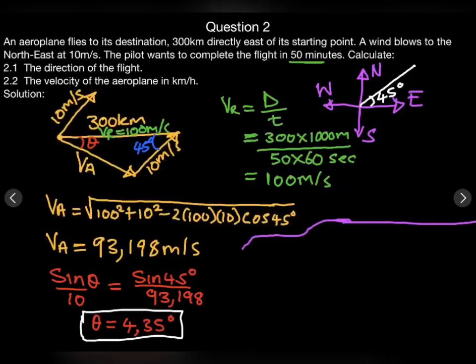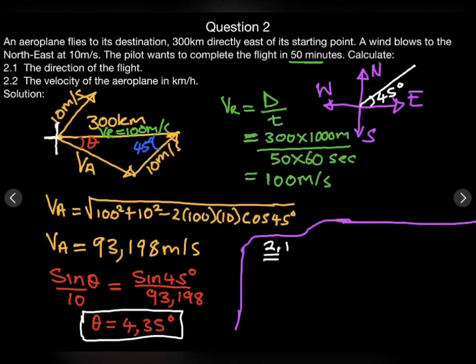Now we have the information we can use to conclude our calculations. Let's have a space here where we can give the final answers to all the questions. The first question, 2.1, asks for the direction of the flight.